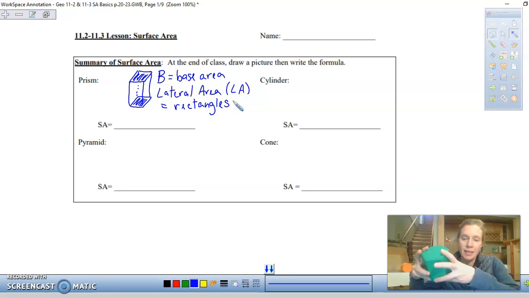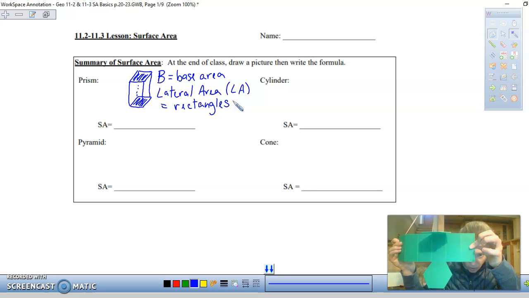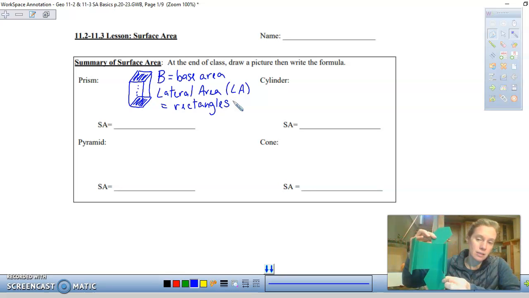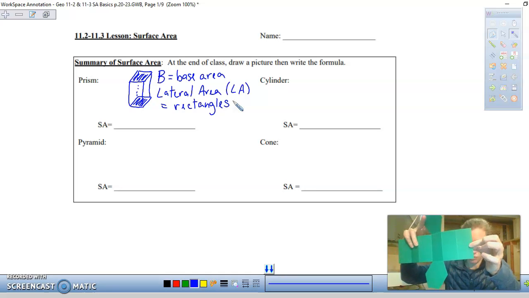Now, if you had something like this, notice that the base is a hexagon. So a hexagon prism, when you open that up, you end up with 6 rectangles. So I have 2 hexagons and then 6 rectangles as my lateral area.